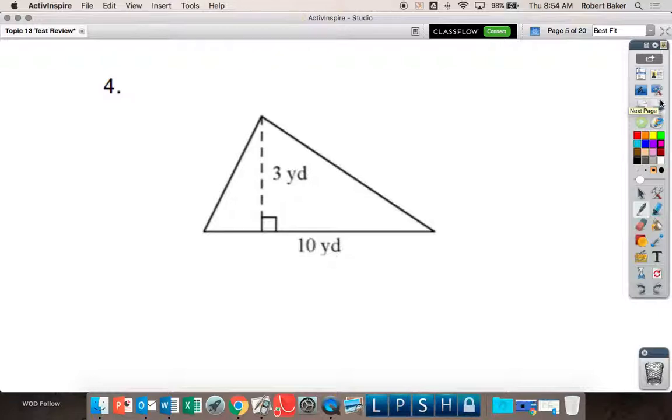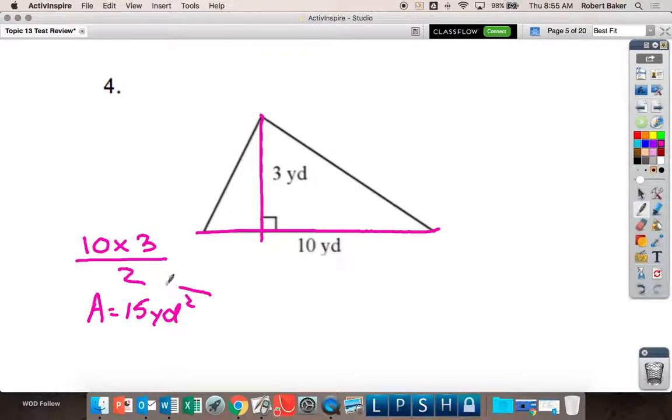Number 4. So this whole length is 10. The height is 3. Find the area of the triangle. Base times height divided by 2. 15 yards squared.